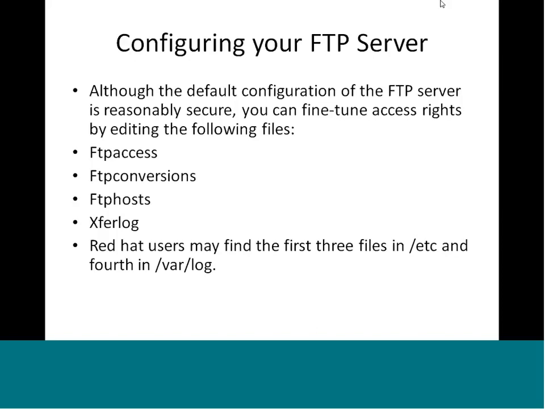Essentially, the FTP access lets you allow or deny, and also specify more specific operations like read only, write only, and user only, group only kind of permissions that limit the FTP access for a particular group or a particular IP address that tries to FTP.